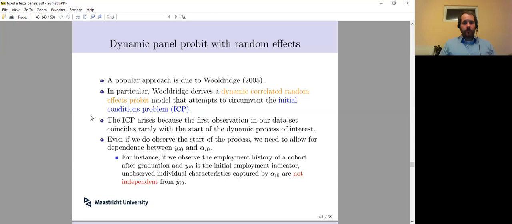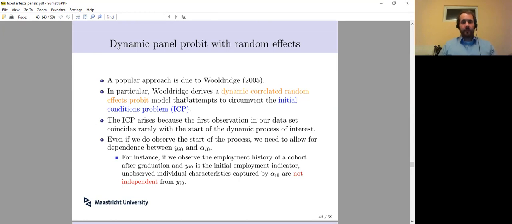A very popular approach is due to the good old Wooldridge. This is a paper in the Journal of Applied Econometrics, highly cited. Wooldridge discusses how to derive a random effects estimator that can be estimated with standard software, so no need to do anything new.